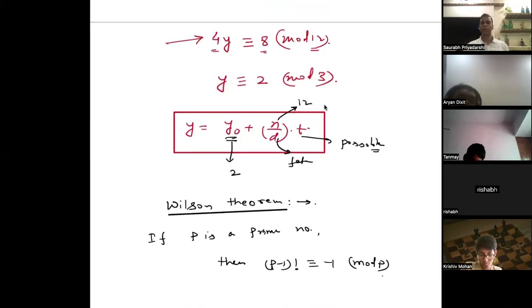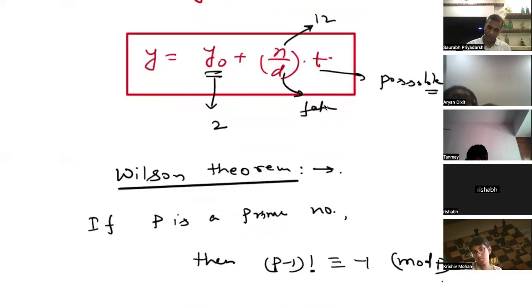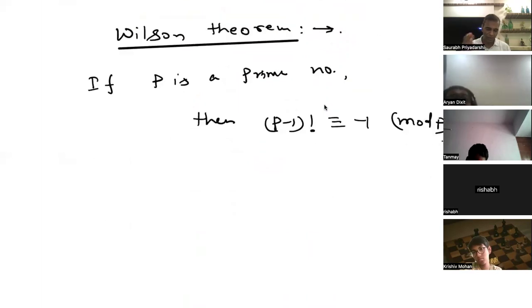This is the Wilson theorem. If p is a prime number, (p minus 1) factorial is congruent to minus 1 mod p. You'll see the magic of numbers coming in this.